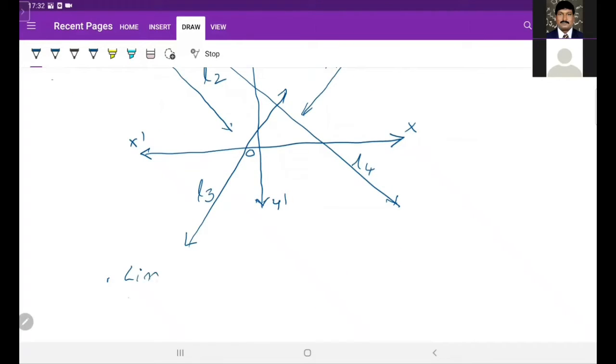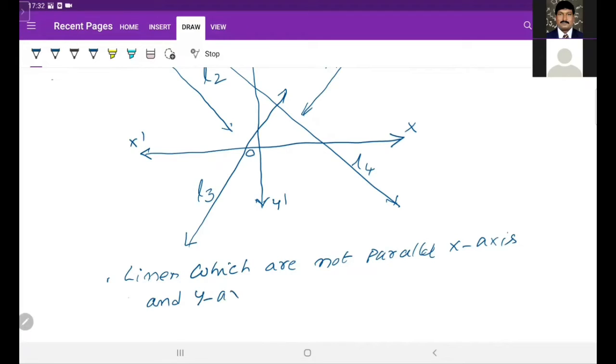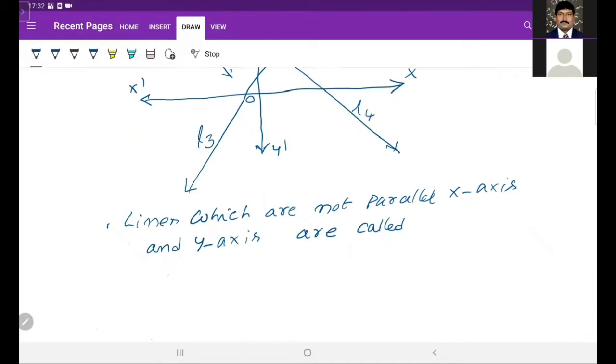Lines which are not parallel to x-axis and y-axis are called inclined lines, or other name it is oblique lines.